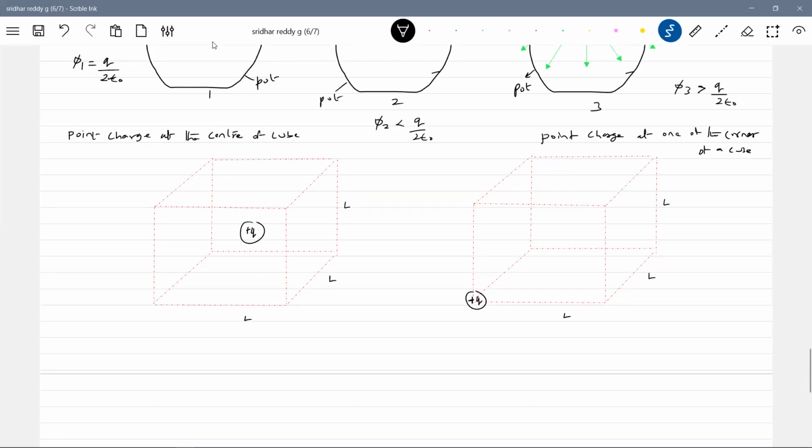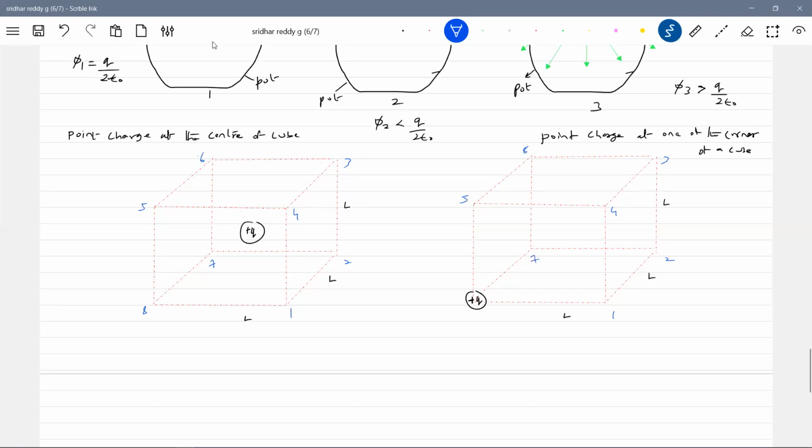So let me give the numbers 1, 2, 3, 4, 5, 6, 7, 8. Now let me ask you to calculate the flux through these surfaces.